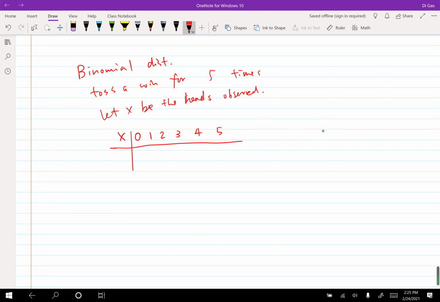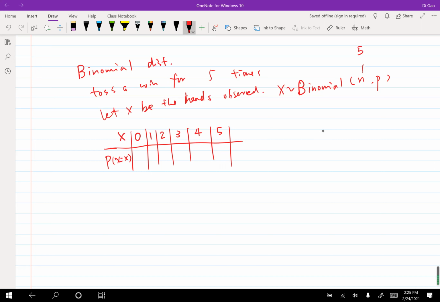Then we can have the corresponding probability for each value. So this is a binomial distribution. X follows a binomial distribution. We can check the binomial requirement: tossing a coin meets the binomial setup. So binomial with n and p. n is the fixed number of trials.